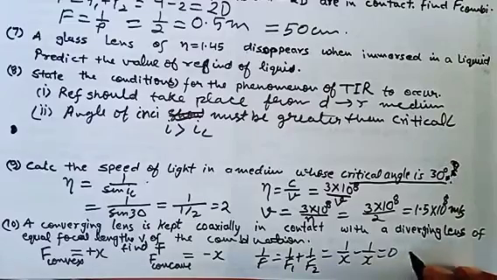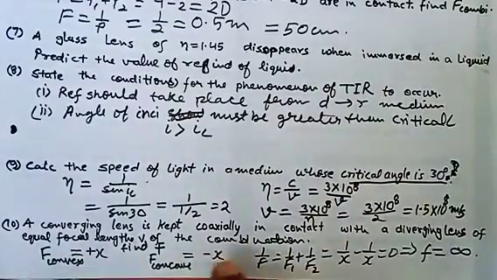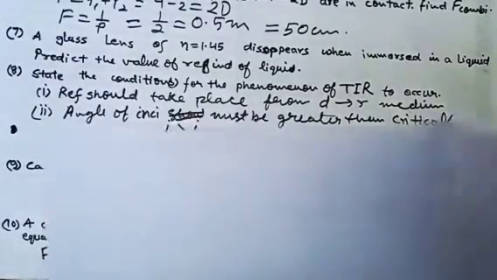But the answer is not 0. We have to reciprocate it, so it will be infinite. And see, if a convex lens and concave lens of equal focal length are combined together, they will act like a plain glass sheet. I can illustrate it here.